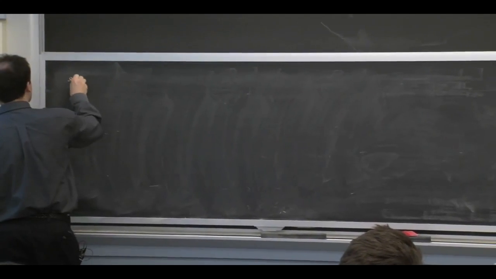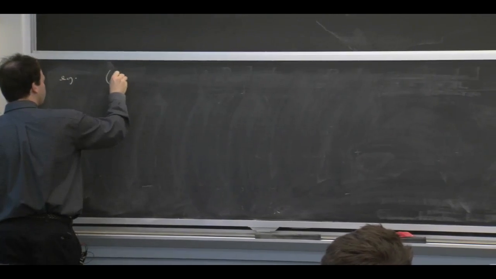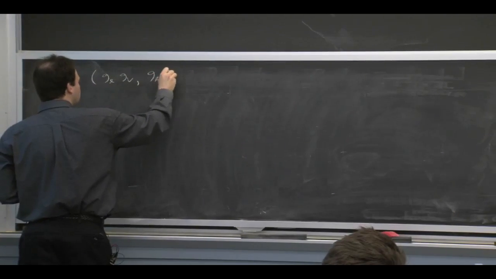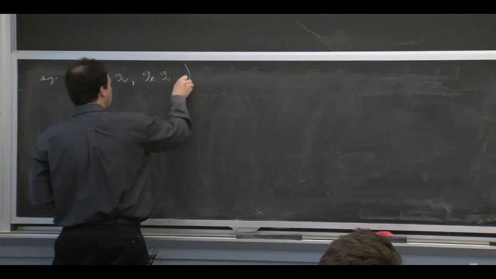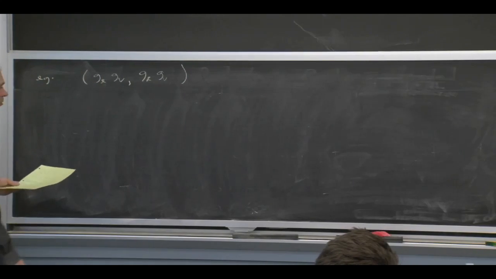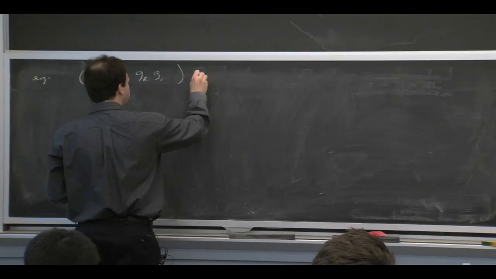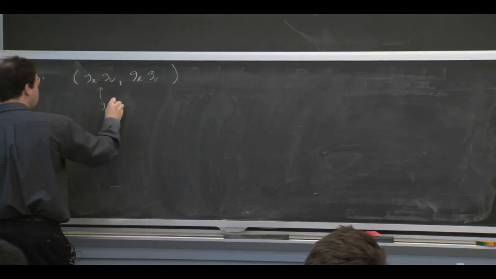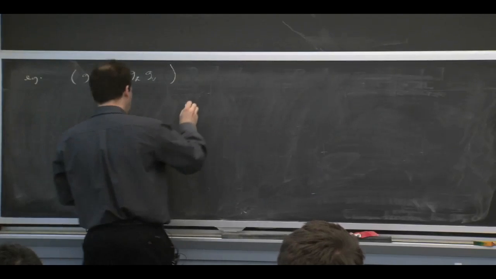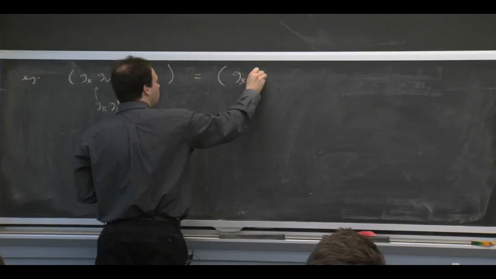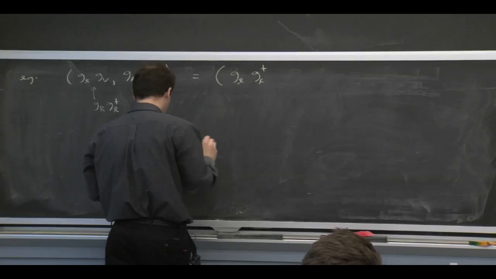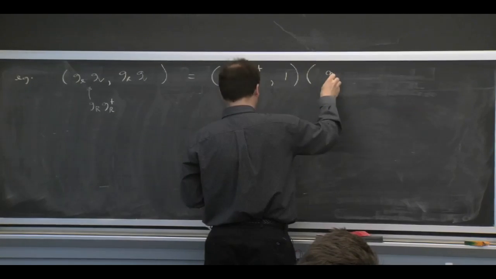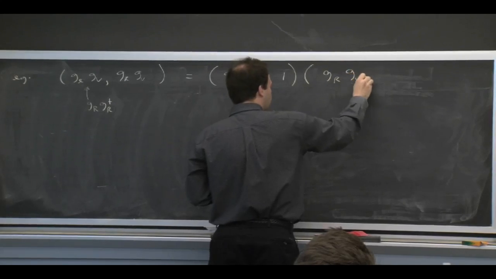So let's just think about an example. So say we had something that looked like this, which is some set of generators that is in the original L comma R. And let me insert in here 1 in the form of GR dagger. And then write it as a product of generators that looks like this.